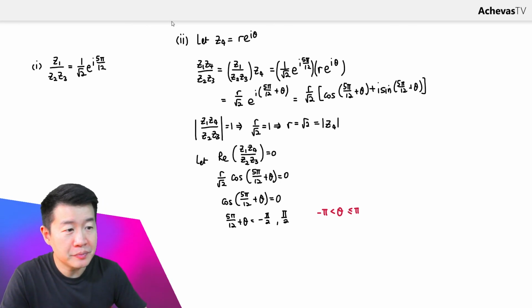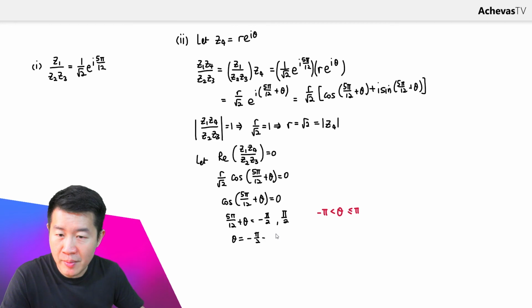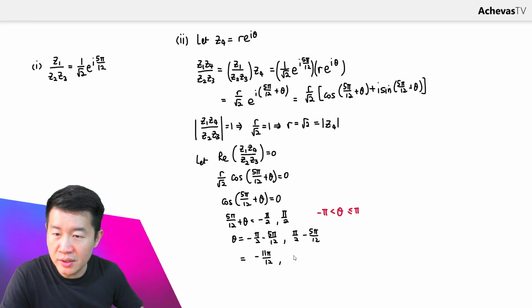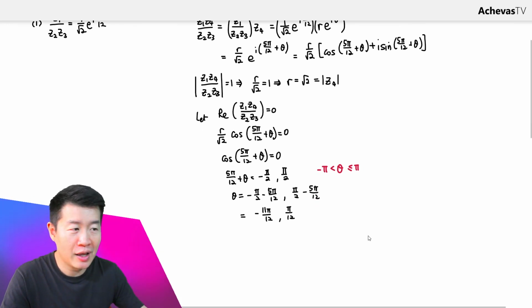So I'm keeping 5 pi over 12 plus theta to be either this or this, so that theta, which is going to be minus pi over 2 minus 5 pi over 12, or pi over 2 minus 5 pi over 12, will assume two possible values. One is going to be minus 11 pi over 12. The other one is going to be equal to pi over 12. And these two values will be the only two values of theta such that theta is between minus pi and pi.